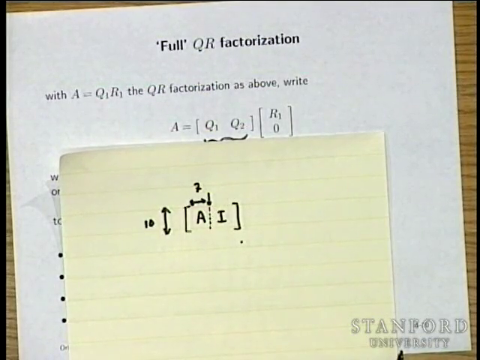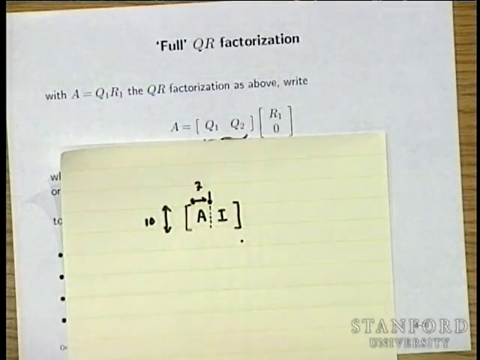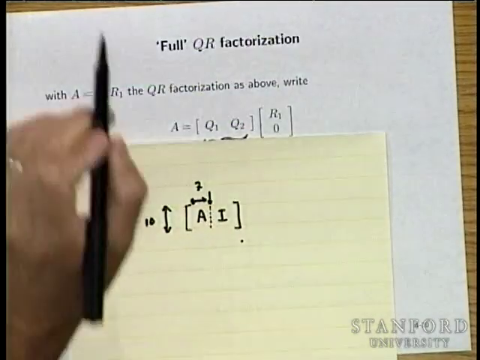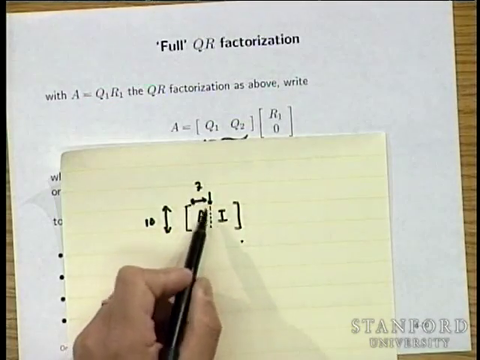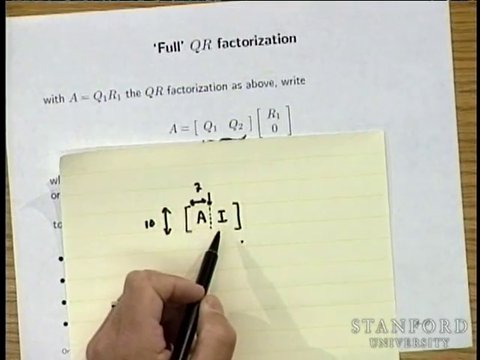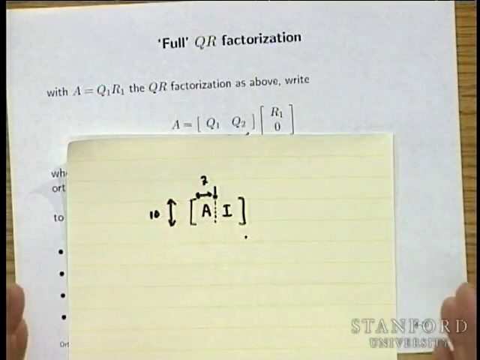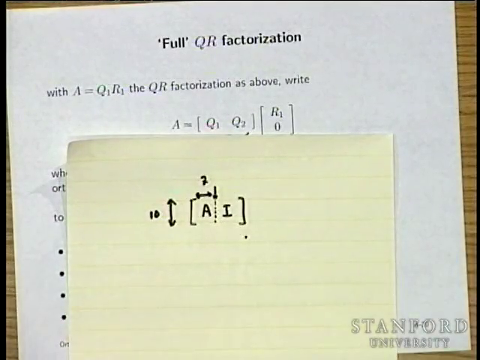I absolutely must. Why? Because the rank of this matrix is 10. However, the last three, Q8, Q9, Q10, were not generated from A. They were generated from this I, or whatever other matrix you put here. However, Q8, Q9, Q10 are all normalized, mutually orthogonal, and orthogonal to Q1 through Q7.